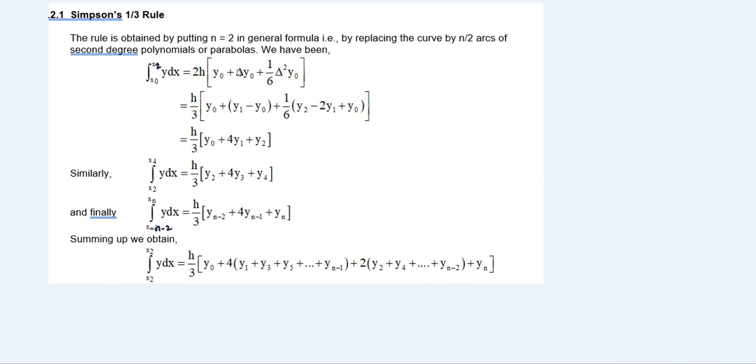When we add all of these, we get h by 3 times [y naught plus 4 times (y1 plus y3 plus y5, and so on) plus 2 times (y2, y4, and so on) plus yn]. This is x0 to xn.